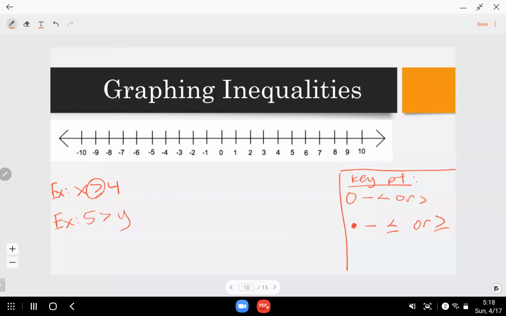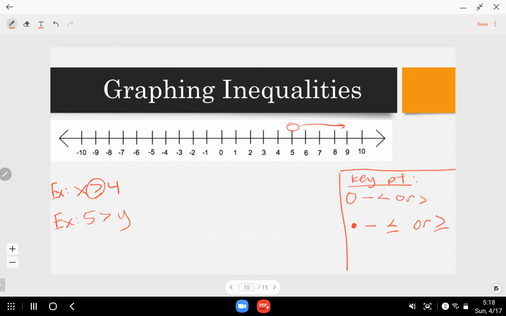So we put the open circle at 5, and then draw a right arrow across the number line. Are you sure about this?